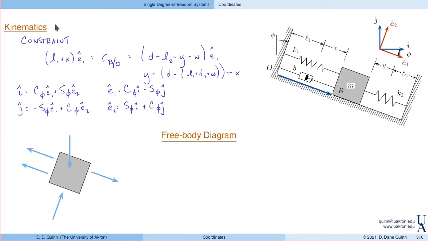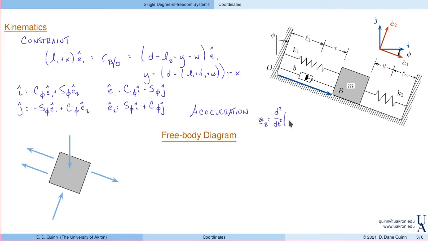The last thing we'll need for this section of our analysis, kinematics, is the acceleration. So the acceleration of the block, well, that's the second derivative of position.